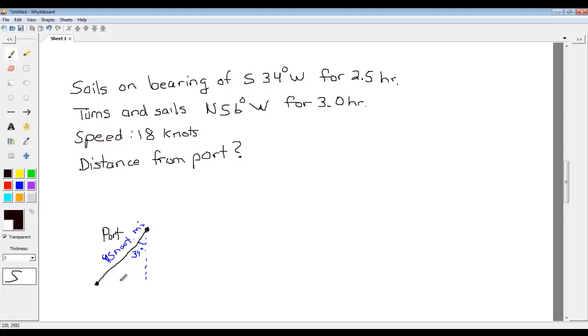Then it turned. And it says it turned and sailed north 56 degrees west for 3 hours. So if you're looking at north 56 degrees west, it's going in this direction. Because north would go like this, and then it's 56 degrees off of that right here.